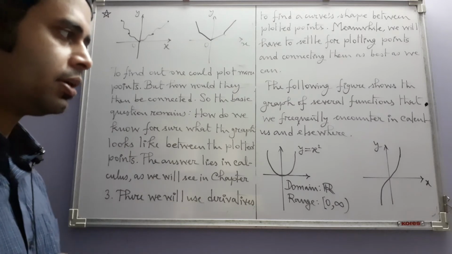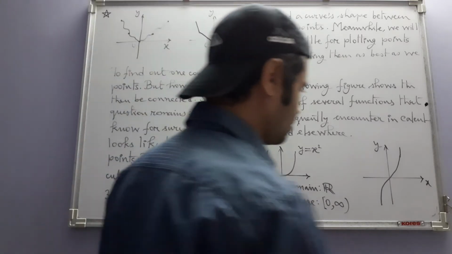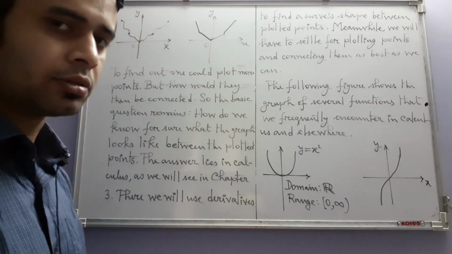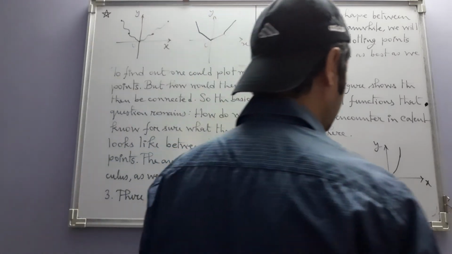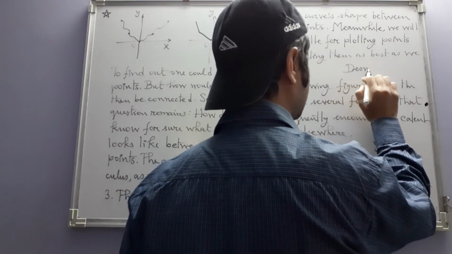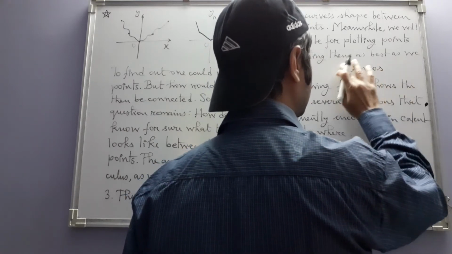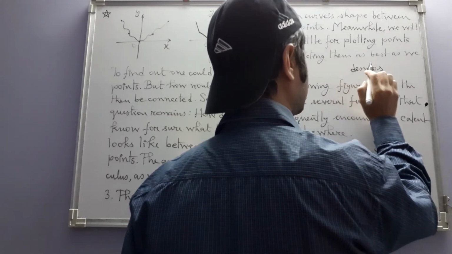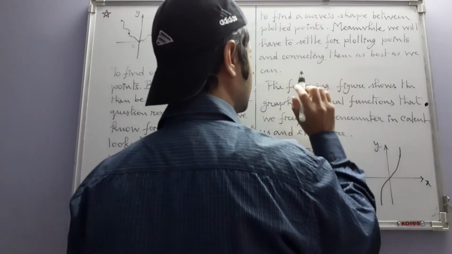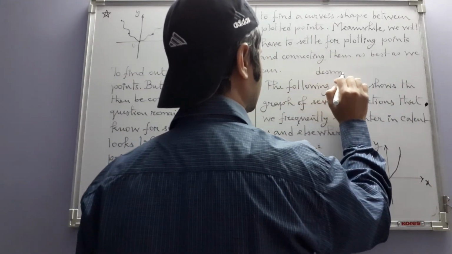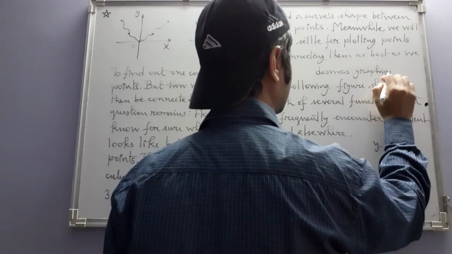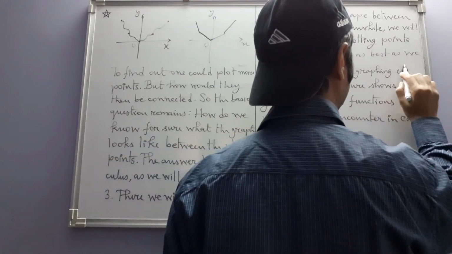Using a graphing calculator is much better. Online graphing calculators are also available. You can search on Google, you will come across, if I am remembering correctly, there is a site, you just look up Desmos graphing calculator.